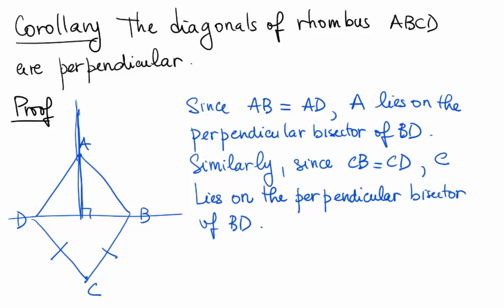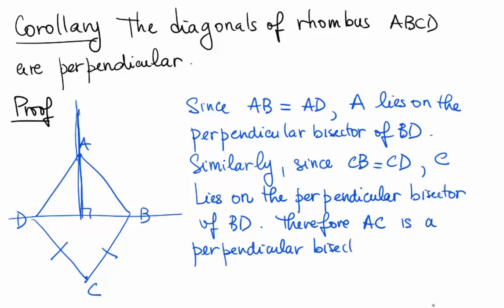But BD only has one perpendicular bisector, right? So that means essentially that AC is the perpendicular bisector of DB, and we can then conclude that AC is perpendicular to BD. Okay, so this gives the desired result.